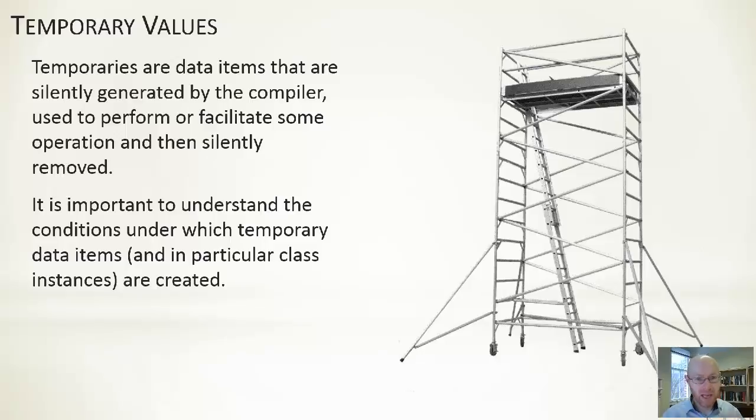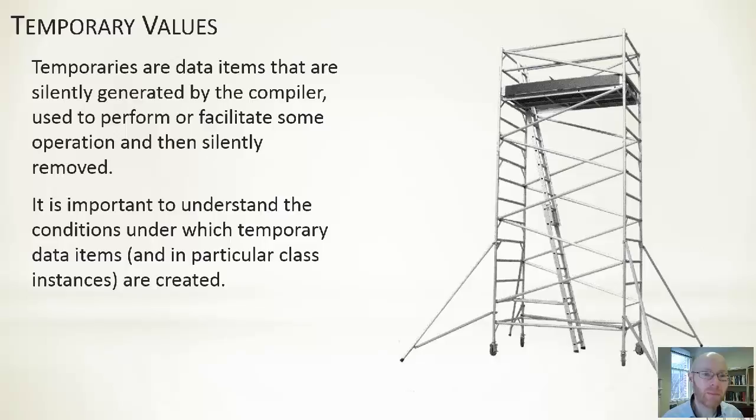It's a part of the way there that is then used and ultimately assigned to something that we're making use of, one of our L values. Now, it is important to understand the conditions under which temporary values might be generated, because there is a cost with creating and destroying these values, depending on what the temporary value is, particularly if it's class data.